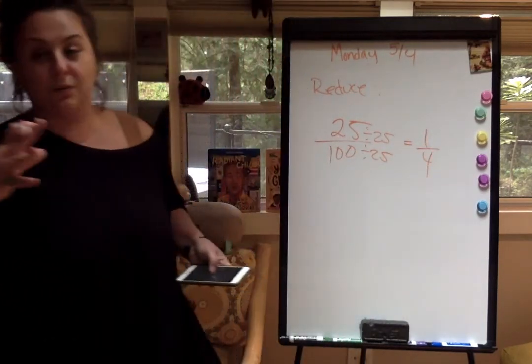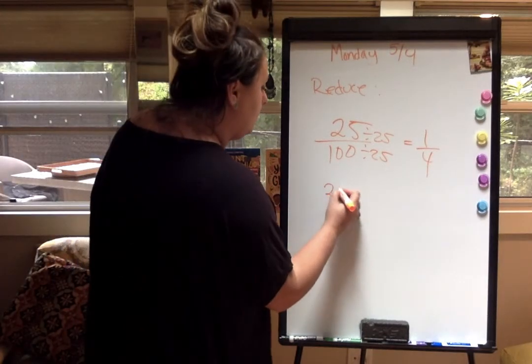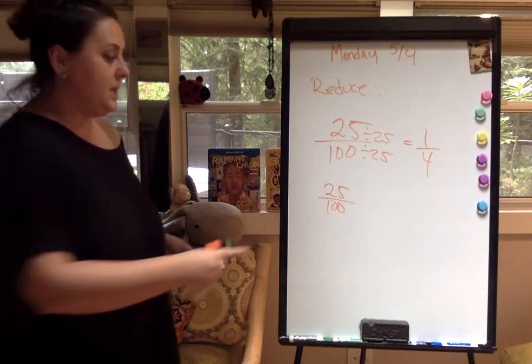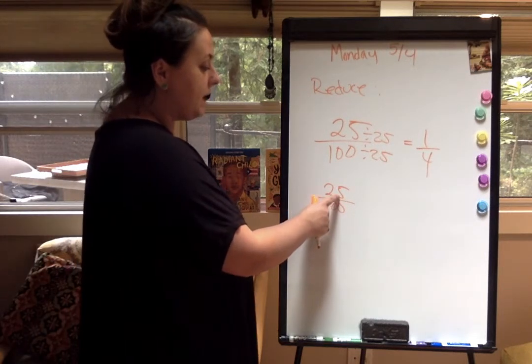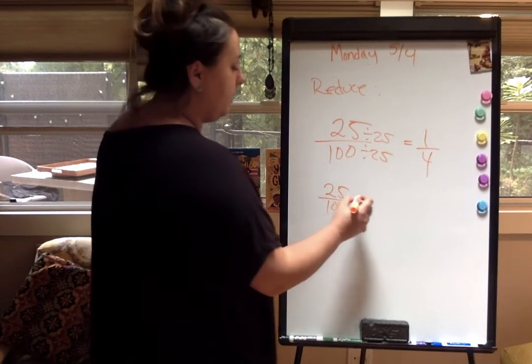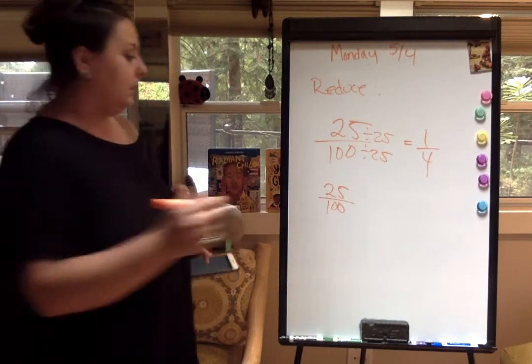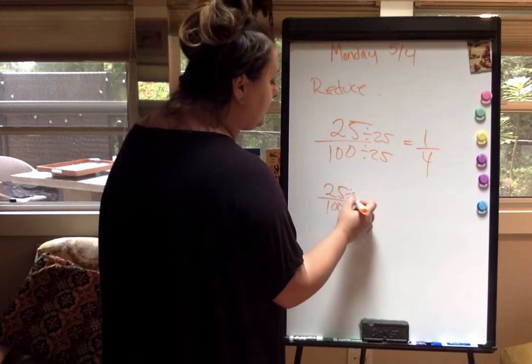Yeah, I want to show you another way though. In case you don't know that, look. Remember, 5 can go into anything that ends in a 5 or a 0. So if you didn't catch this, if you didn't think like, oh, money, you can definitely divide each of these by 5.